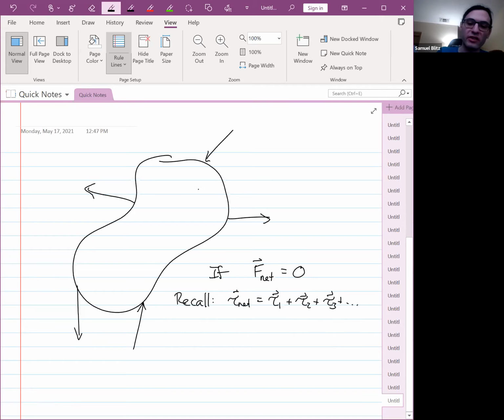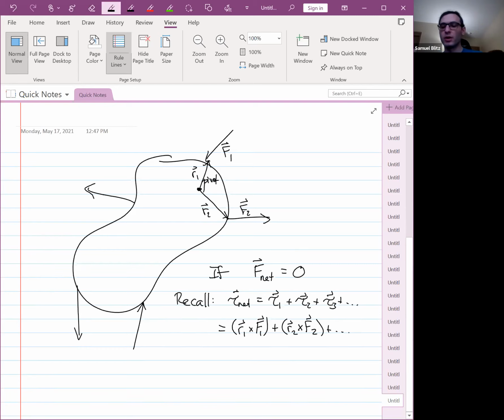Given some pivot point, those torques can be written as R1 cross F1 plus R2 cross F2 plus dot, dot, dot, where R1 is the vector that points from the pivot point to F1, R2 is the vector that points from the pivot point to F2, and so on. So those choices of R depend on the choice of pivot.